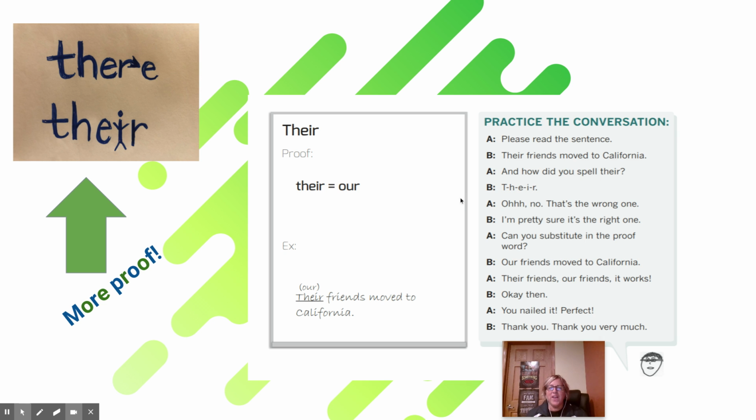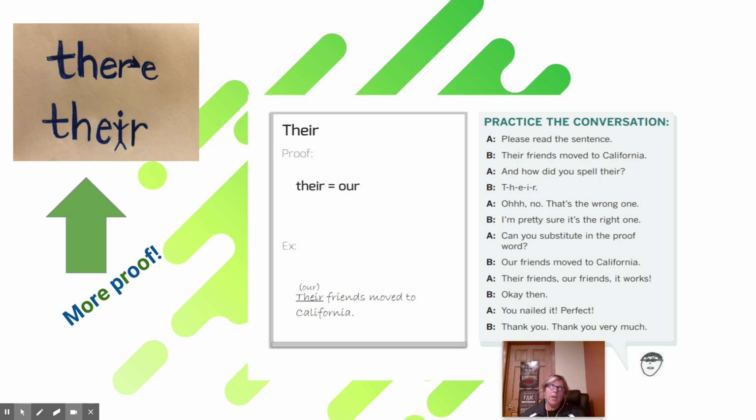The proof for their is the word our. Let's read the sentence. Their friends moved to California. Let's try the proof. Our friends moved to California. Now, remember, it's not going to be necessarily a synonym, the proof. The proof is just a strategy, a way to prove that we're using the correct kind of there.